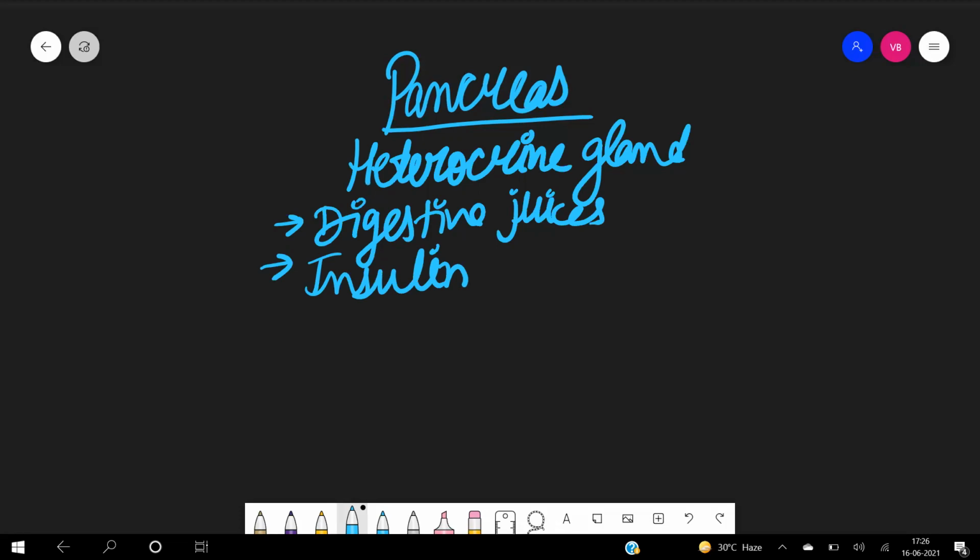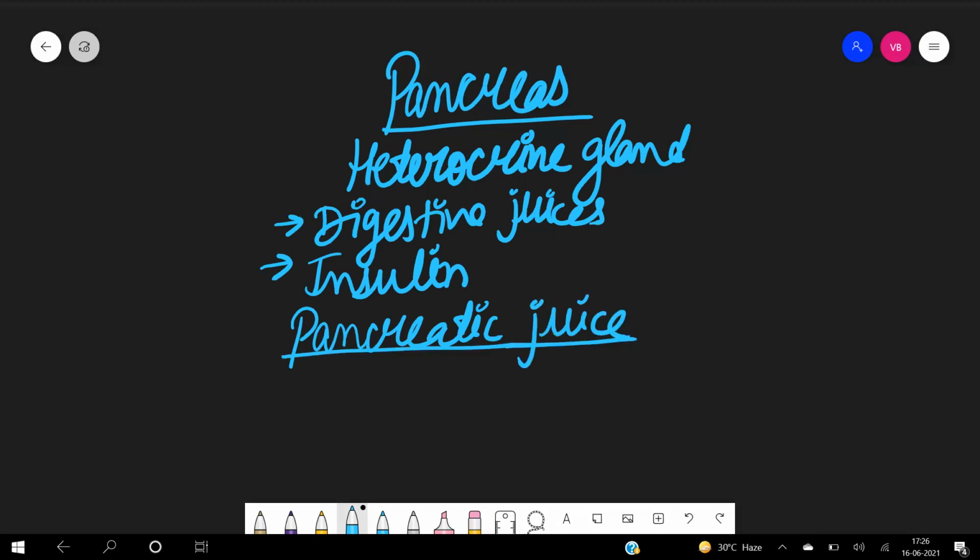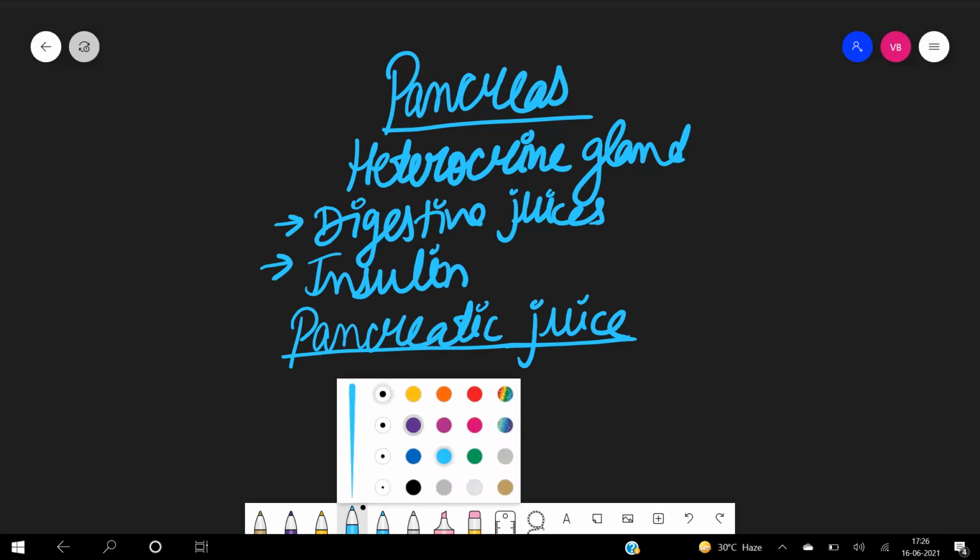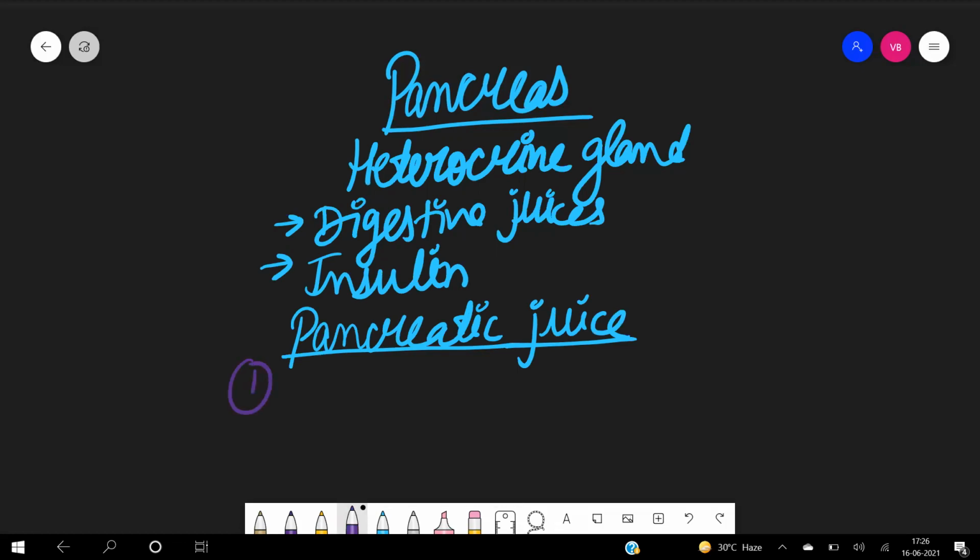What are the various pancreatic juices, or what does the pancreatic juice contain? It helps in breaking down of carbohydrate. For breaking down of carbohydrate, it will release pancreatic amylase.